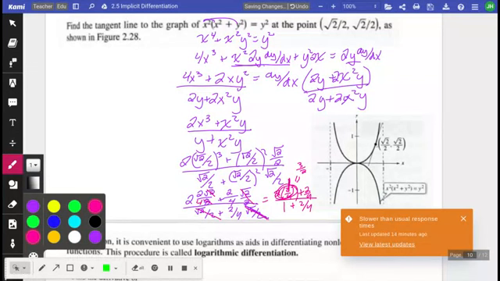We lost it. This is supposed to be a negative. A negative. A negative. And a negative. Okay. And you'll end up with 3 for your dy over dx.